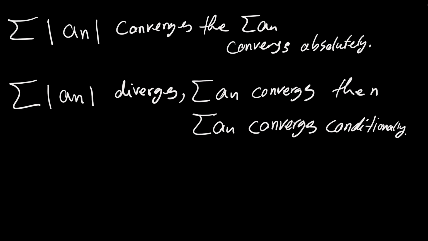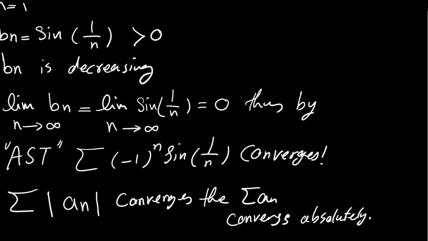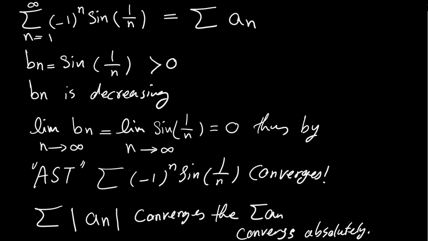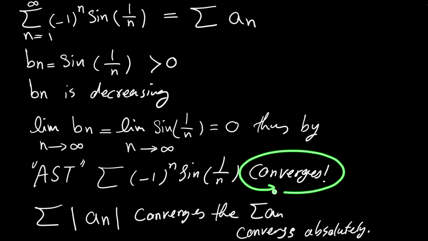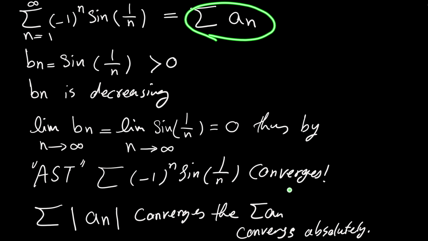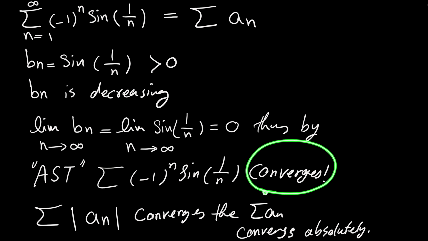In the previous example, which is an alternating series, you found that sigma an, or sigma negative 1 to the power n sine of 1 over n, converges. So sigma an itself converges. Now I want to check if it converges absolutely or conditionally. So we need to check sigma absolute value of an instead of sigma an.